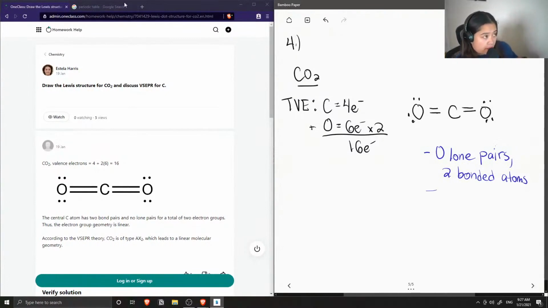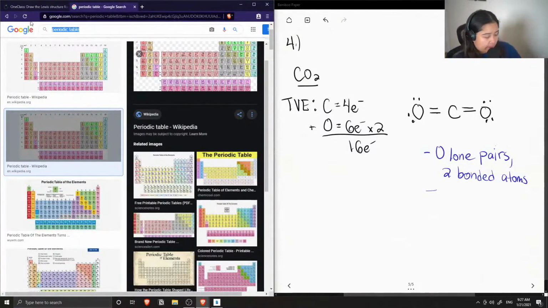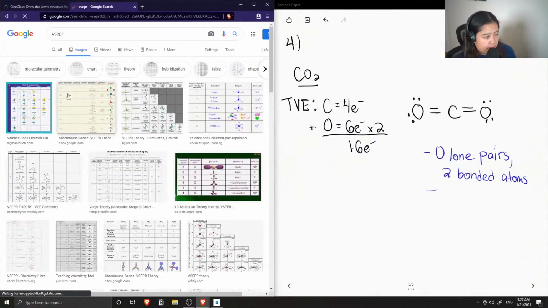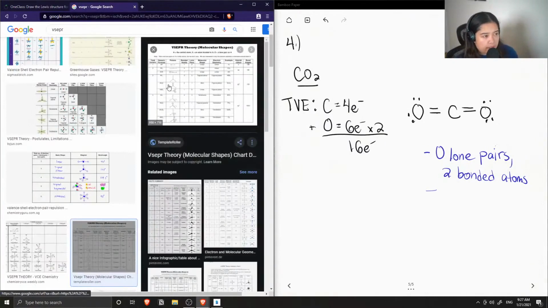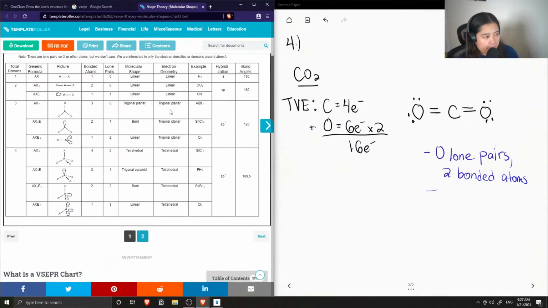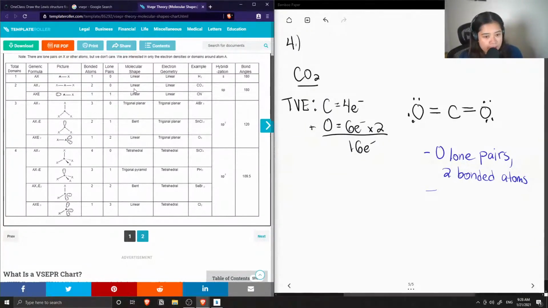So now let's look up a VSEPR table, our VSEPR chart, to help us analyze its shape. So when we have 0 lone pairs and 2 bonded atoms, we have both a linear molecular shape and electron geometry.